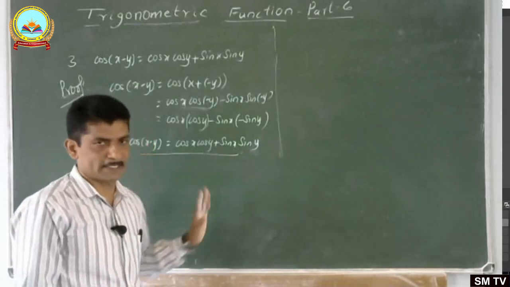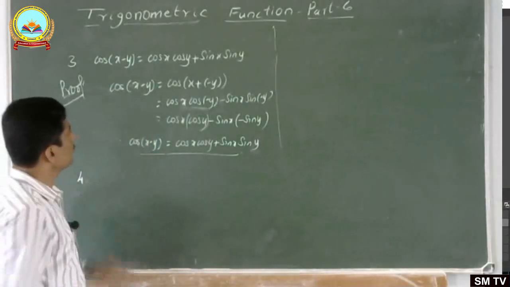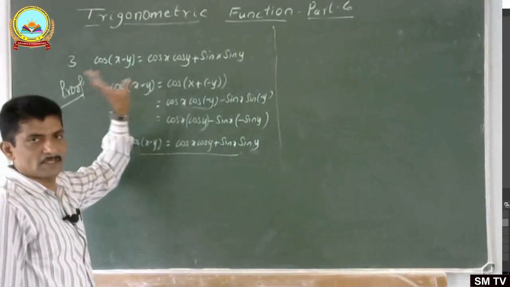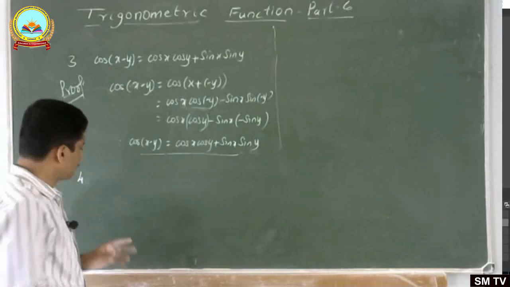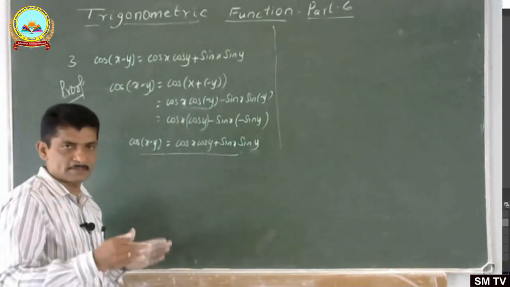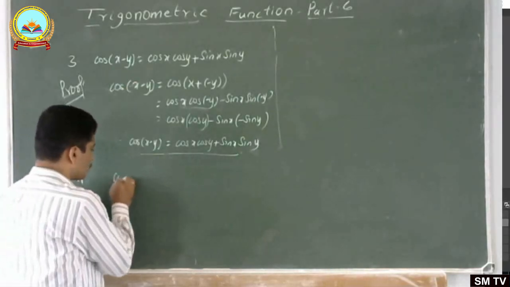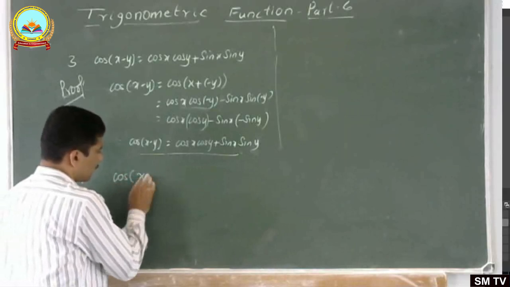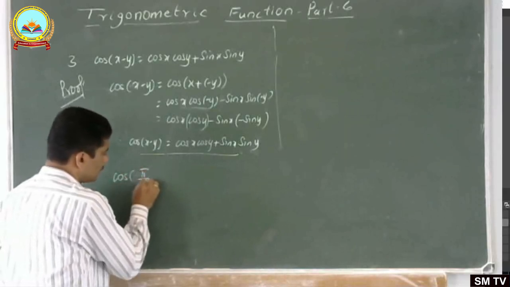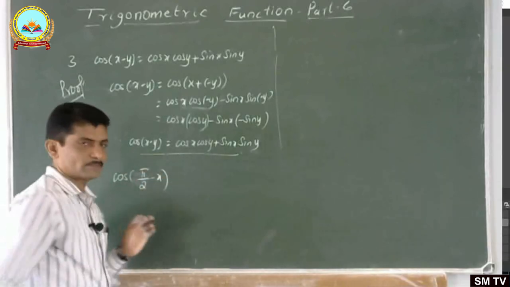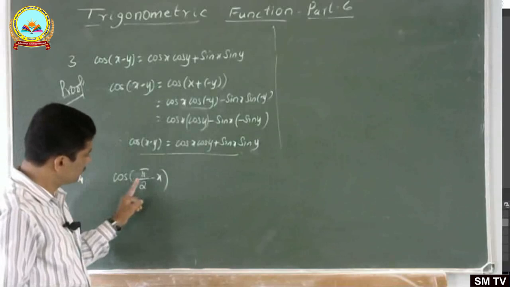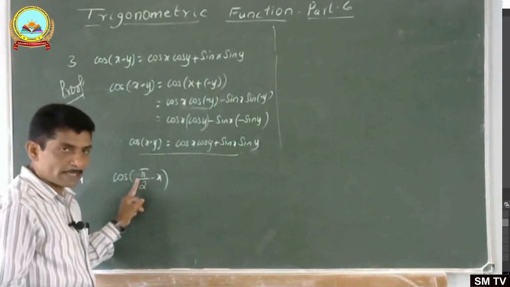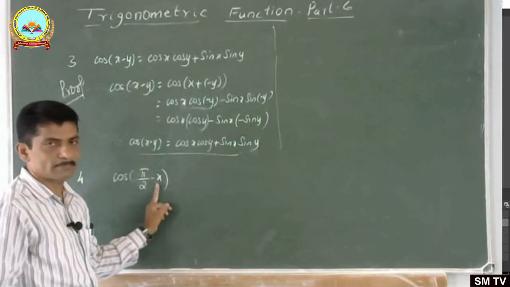Using the compound angles, we can prove one of the important results in allied angles, the fourth result: cos of pi by 2 minus x. Here x is replaced by pi by 2, y is replaced by x.